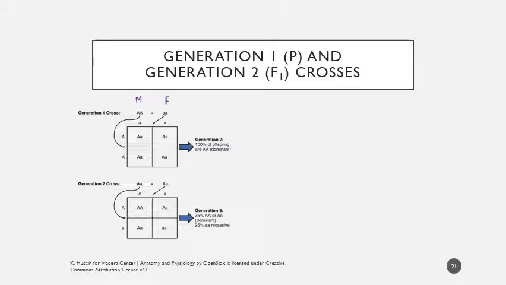This capital A represents a dominant allele being inside of a sperm, and this represents the other possible sperm. This represents an egg, and this represents another egg.